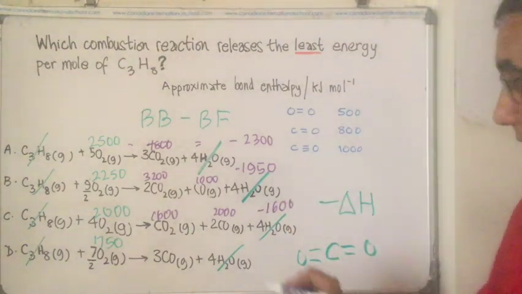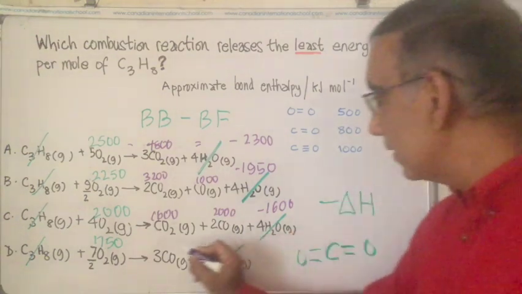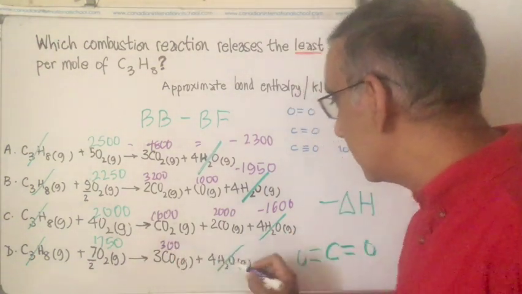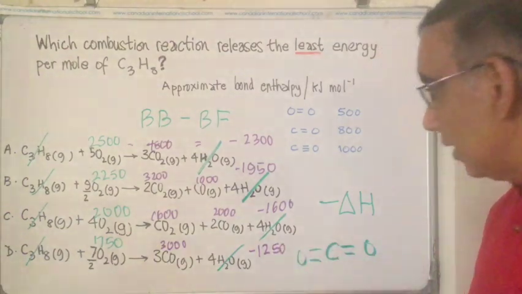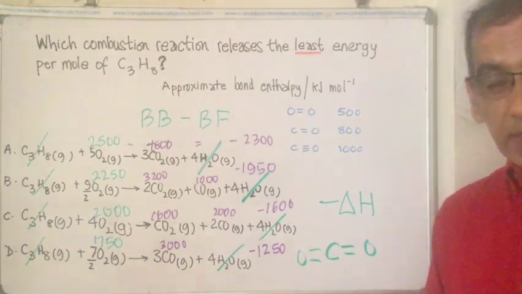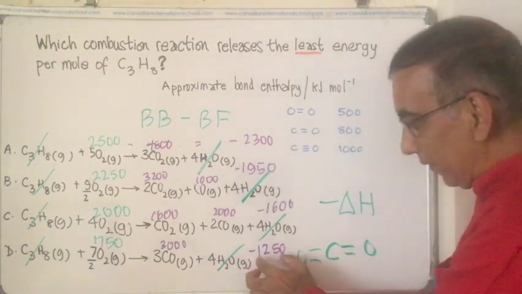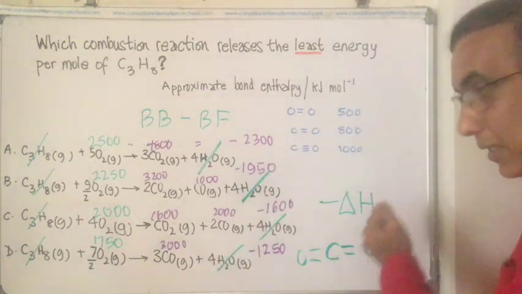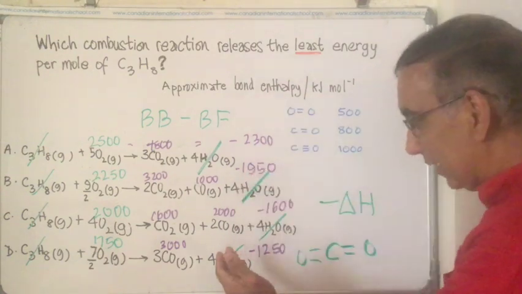And finally, this is 3 multiplied by 1000, 3000, negative 1250. So the answer for this question, the least energy per mole would be released here. This is the least energy release, the smallest number with the negative sign in front of it.